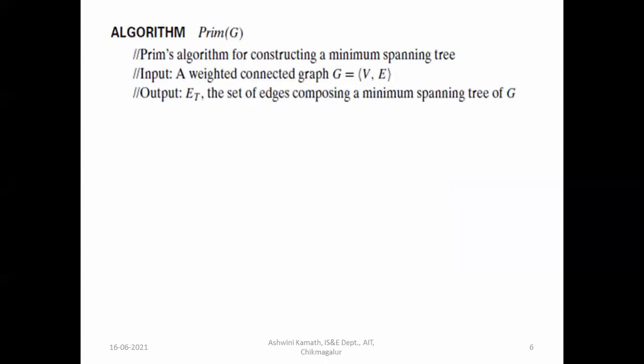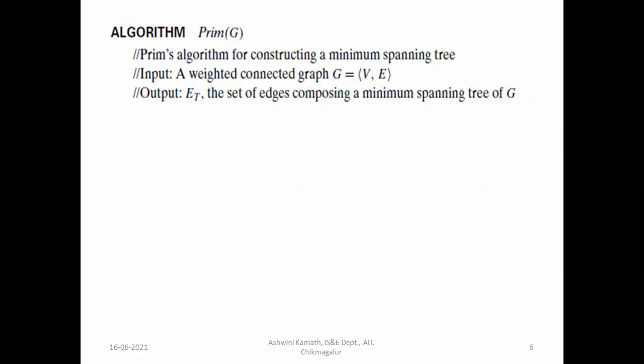And consider Prim's algorithm for constructing a minimum cost spanning tree. So that is the aim of the algorithm. The first comment is the aim of the algorithm: Prim's algorithm for constructing a minimum cost spanning tree. Input for this is a weighted connected graph G, which is equal to V comma E. That is the input we are passing.